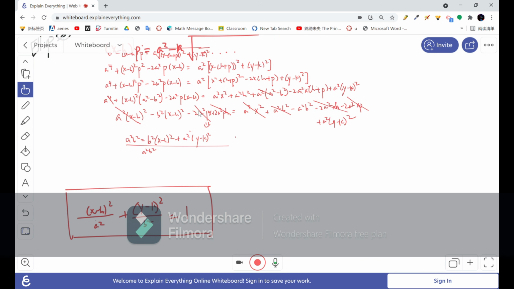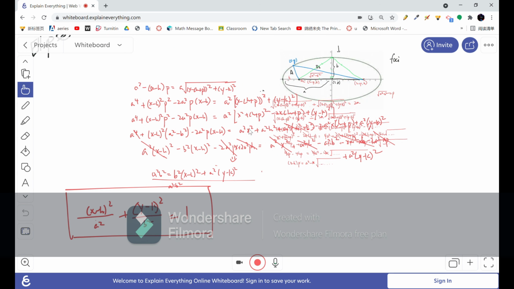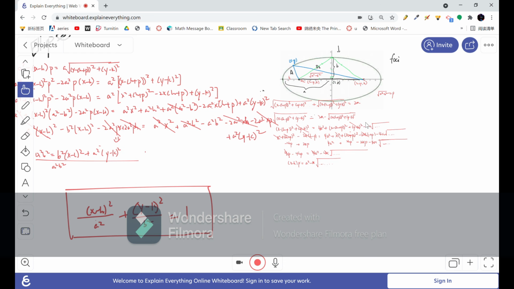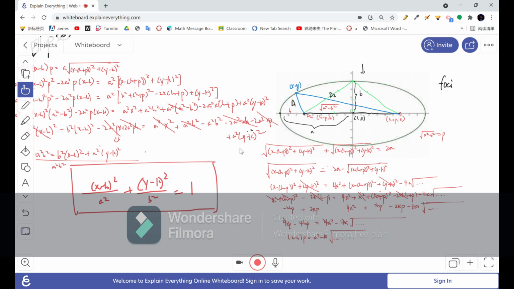So now we have to draw a conclusion about the ellipse. Each point that satisfies this equation, x minus h squared over a squared plus y minus k squared over b squared equal to 1, will be on the ellipse with a equal to the major radius and b equal to the minor radius.